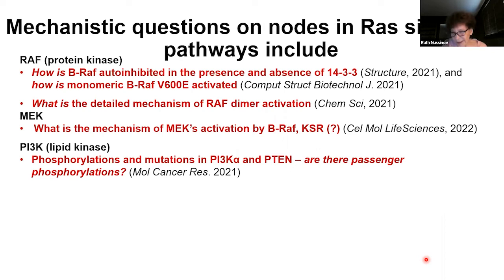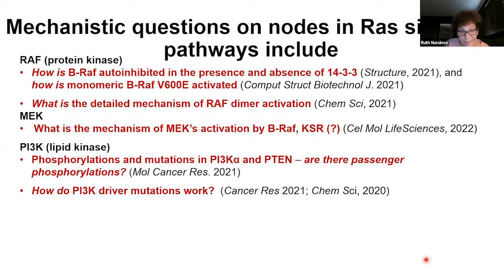Is it possible that some of these are just passenger phosphorylations, just like there are passenger mutations? Very simply, we know the kinases recognize consensus sequences, and these are only several amino acids and they don't have to occur exactly. So is it possible that some sites are passengers and not functional in the cell?